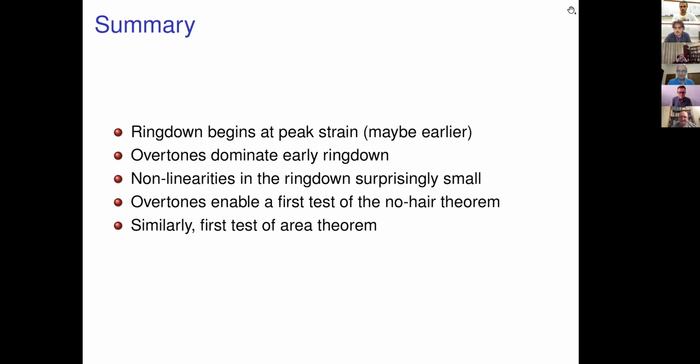I was just wondering, you maybe already touched on this, but this very surprising fact that the ringing down starts at the peak, right? And it seems to be really peculiar to black holes, because if I have an ultra compact object, for instance, the quasi-normal modes will change completely, but the signal will not change, right?